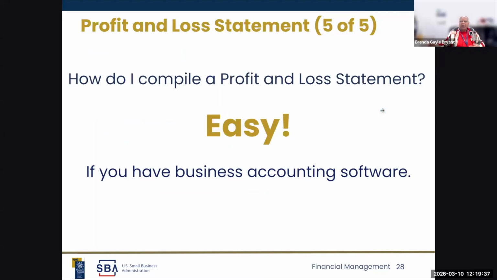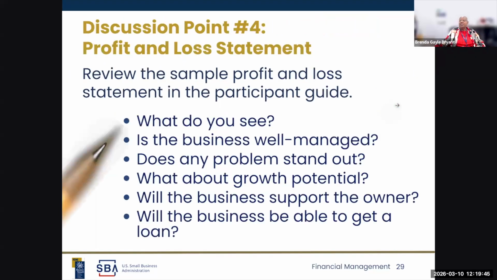So, how do you compile a profit and loss statement? Oh, it's easy. Well, if you have software, it is easy. You push a button that says profit and loss statement, and it magically appears just for you. If you have software and you push a button that says balance sheet, it magically appears for you. Now, how does it magically appear?